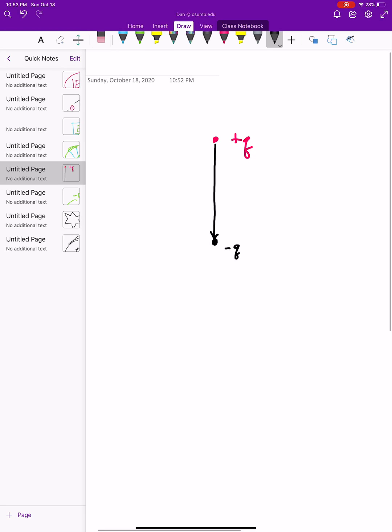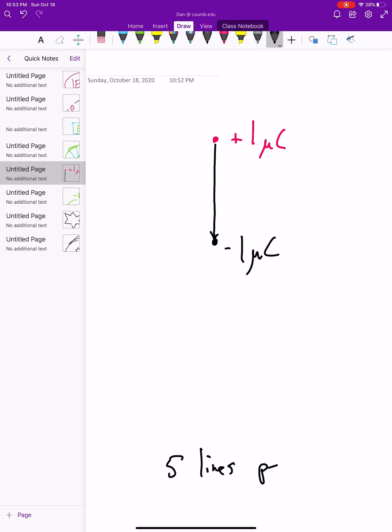I'll say that this charge here is plus 1 microcoulomb, and I'll call this one down here minus 1 microcoulomb. This number is rather arbitrary, but I could say 5 lines per microcoulomb.